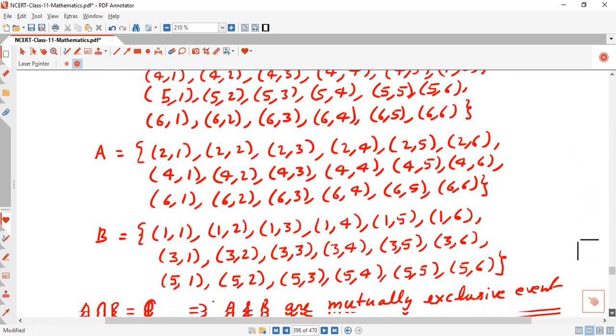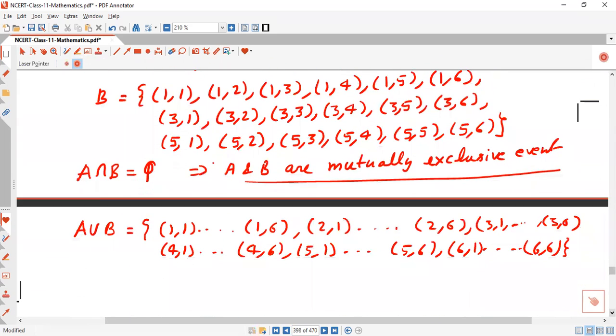And now A union B also has 36 elements, the same sets. So it is equal to what? Sample space S.